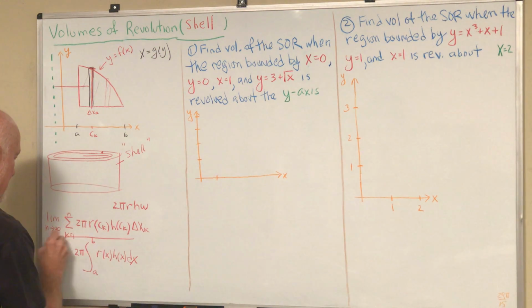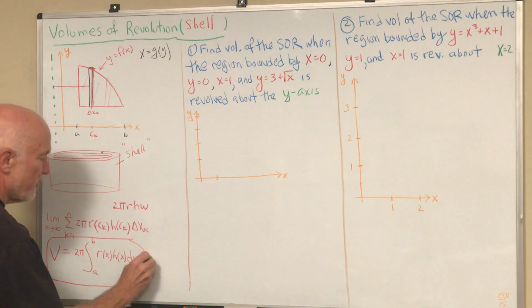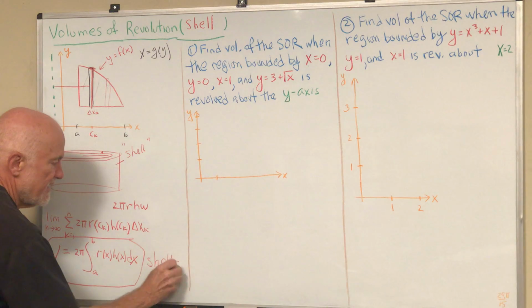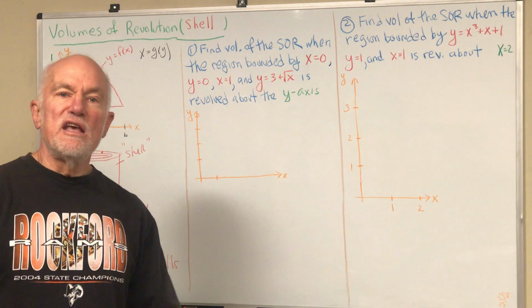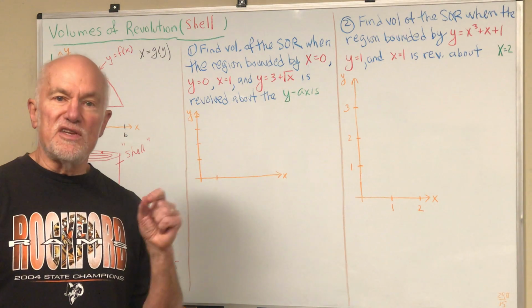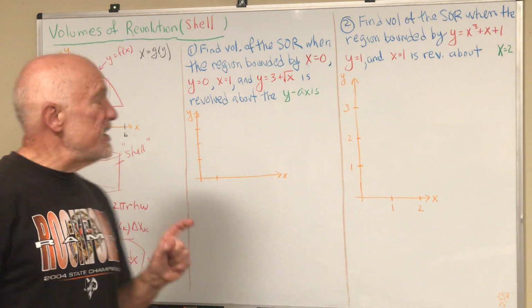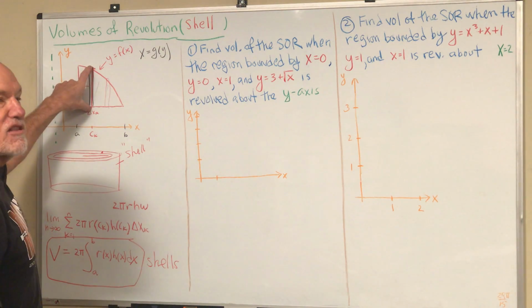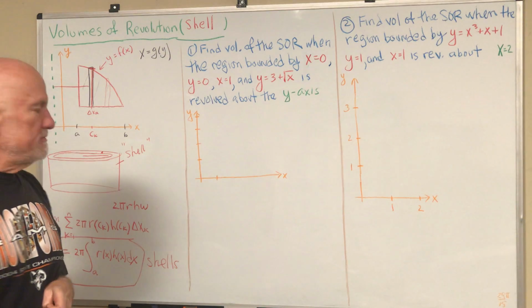And that is the formula for shells. That finds the volume of a solid of revolution using the shell method rather than the disk method or the washer. And how are you going to know when to use it? It's when your rectangle is parallel to the axis and not perpendicular.